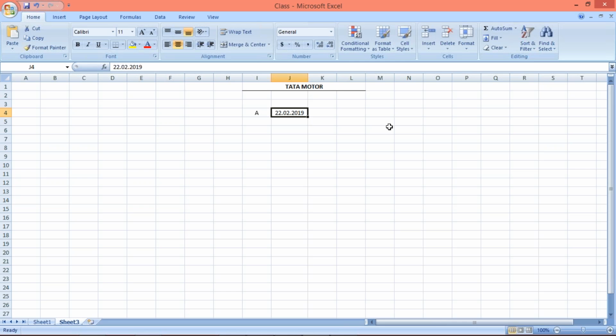Let's suppose the vendor had sent their invoice on 22nd of February, and this invoice was received. Now this employee has received this invoice and he is supposed to post or record this invoice immediately.